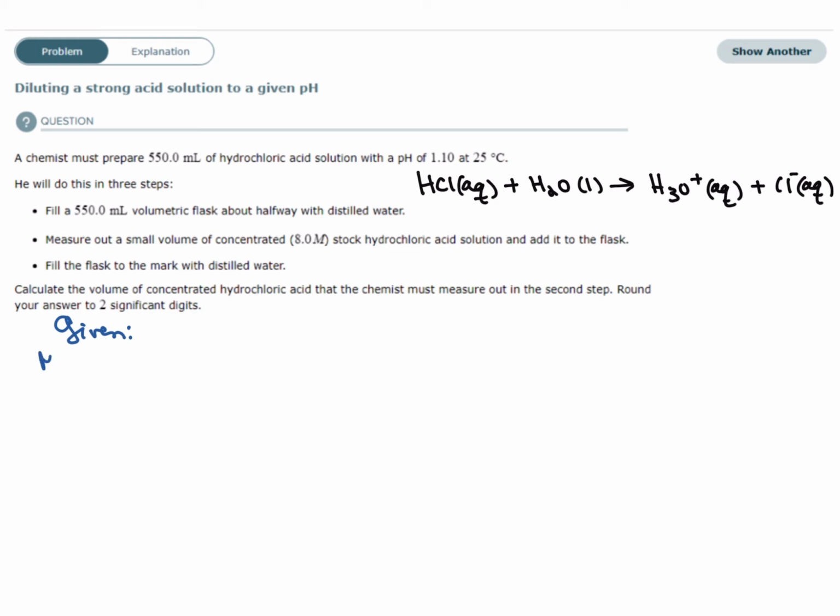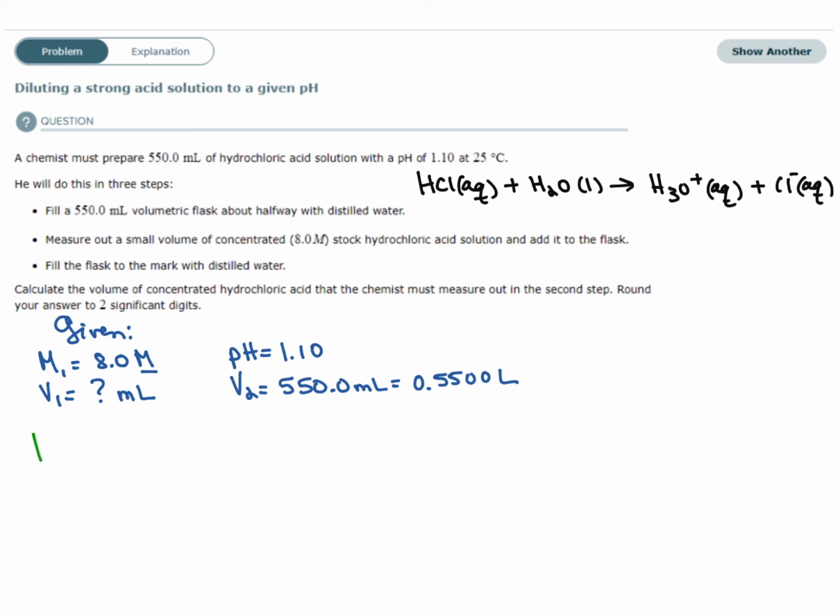So initially, my concentration is 8.0. I need to figure out the volume of this initial concentration to make a new solution that has a pH of 1.0. And I'm going to have 550 milliliters of this new solution. I'm going to go ahead and convert my milliliters to liters. pH is equal to the negative log of H3O+.